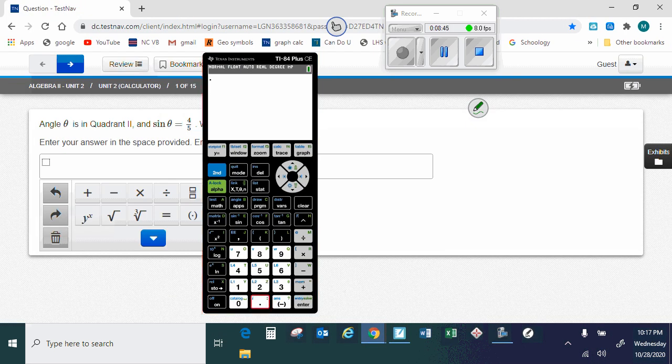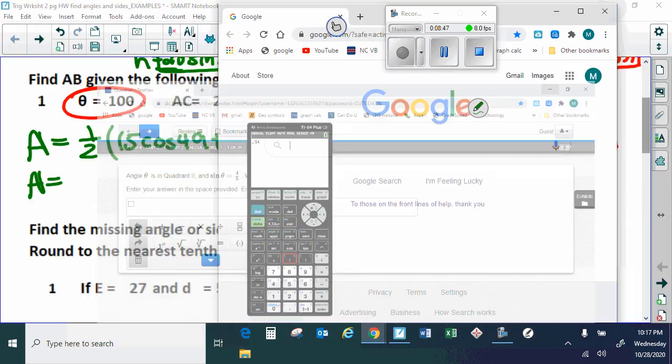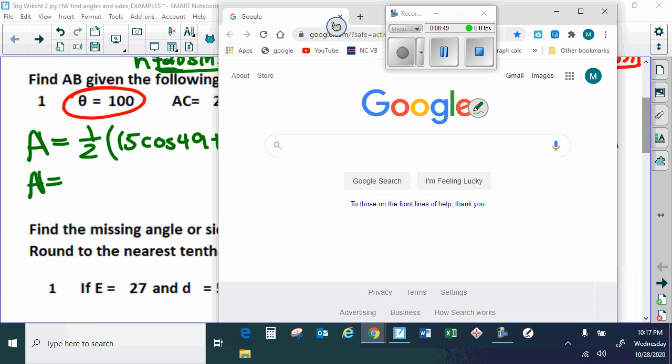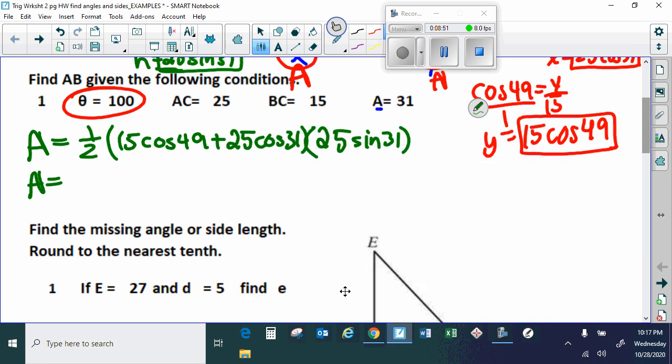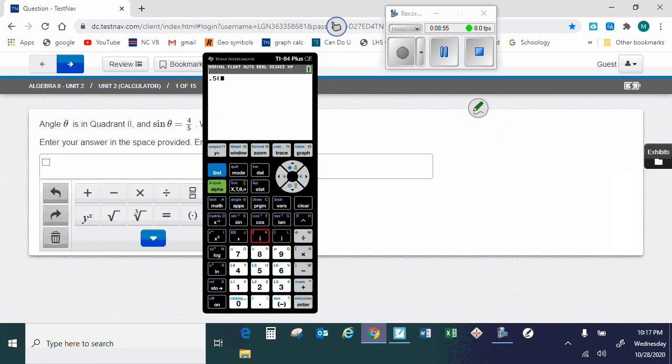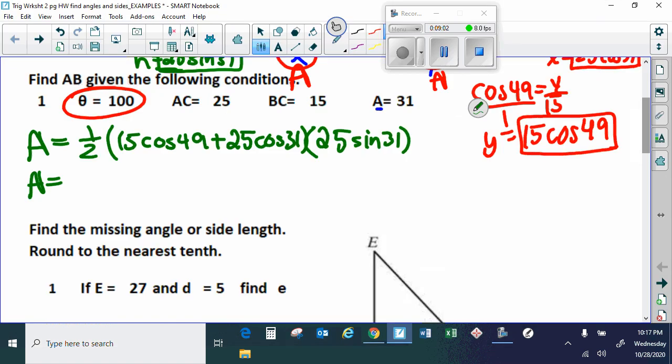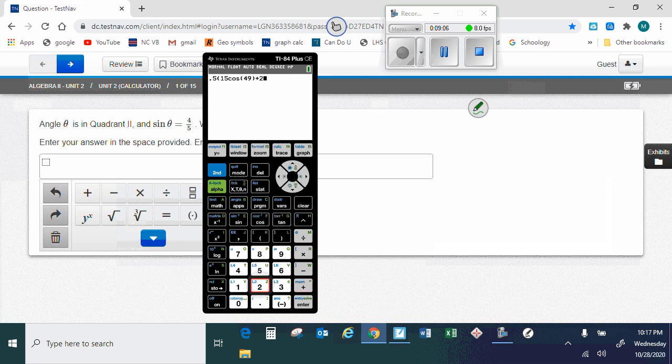All right, 0.5 parentheses. 15 cosine 49 parentheses plus 25 cosine 31.